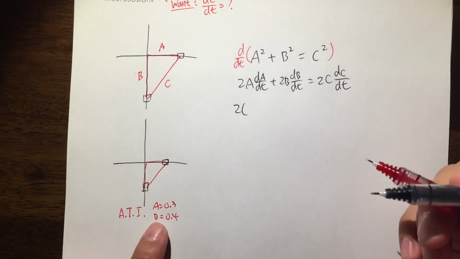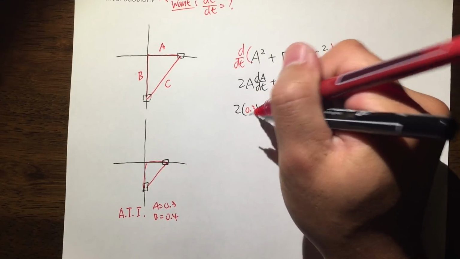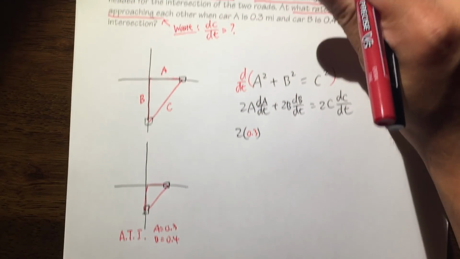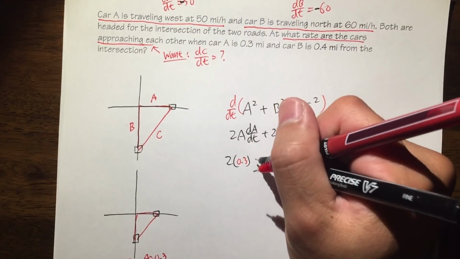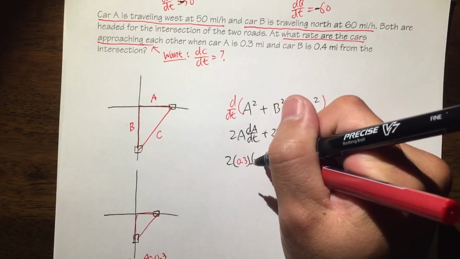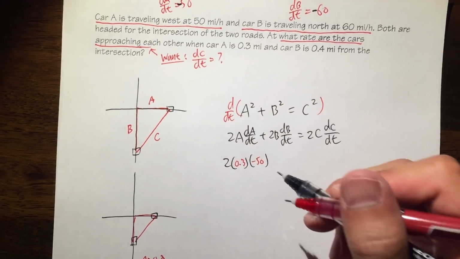We care about the instant when a is 0.3, so let's put that down. And the dA/dt, as we discussed earlier, should have been negative 50. So I'll put down negative 50. And this right here is actually crucial.